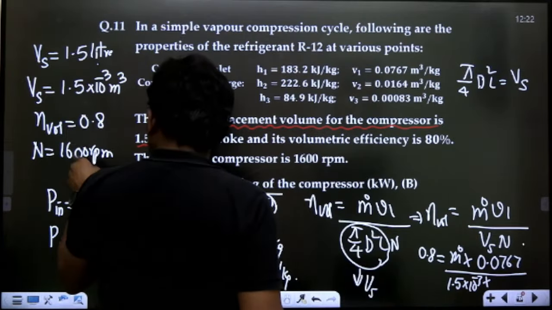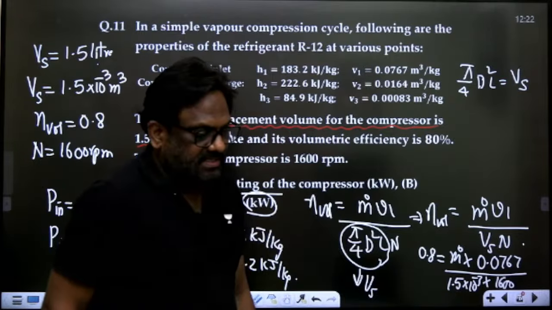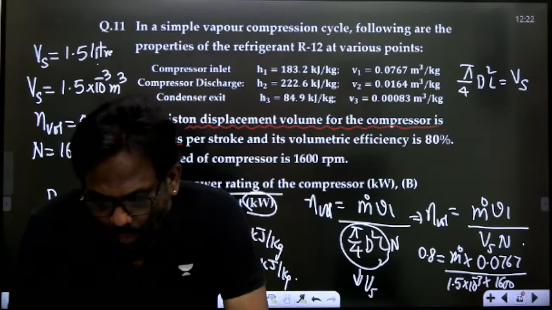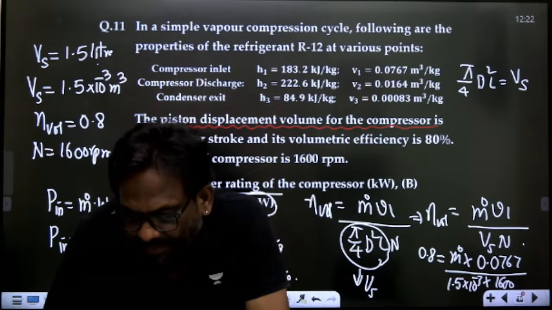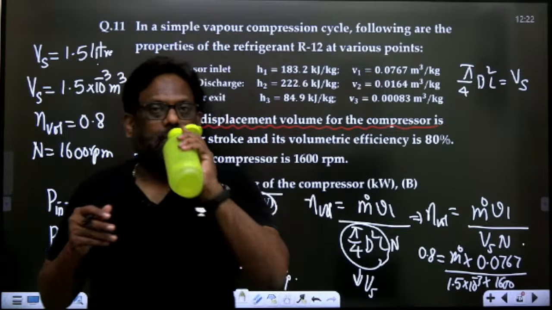Yes. And the speed is 1600 rpm. So everything is known except m dot. I want the unit of m dot. Anyone in the class, what is the unit of m dot?